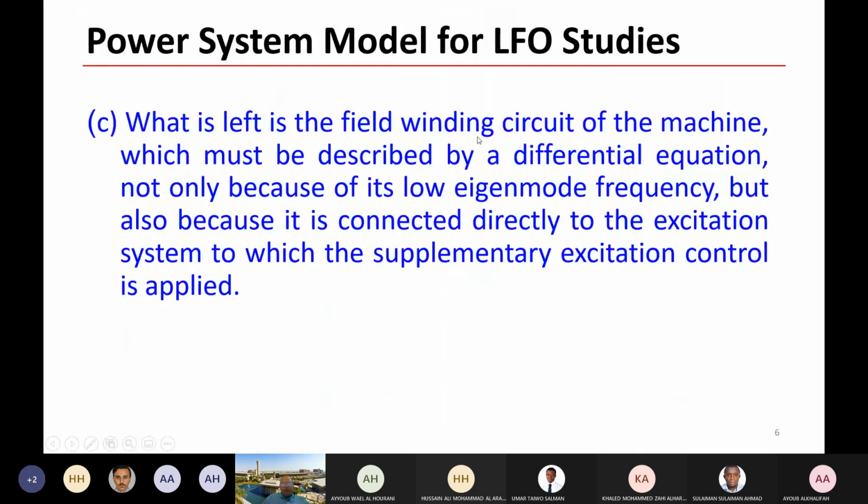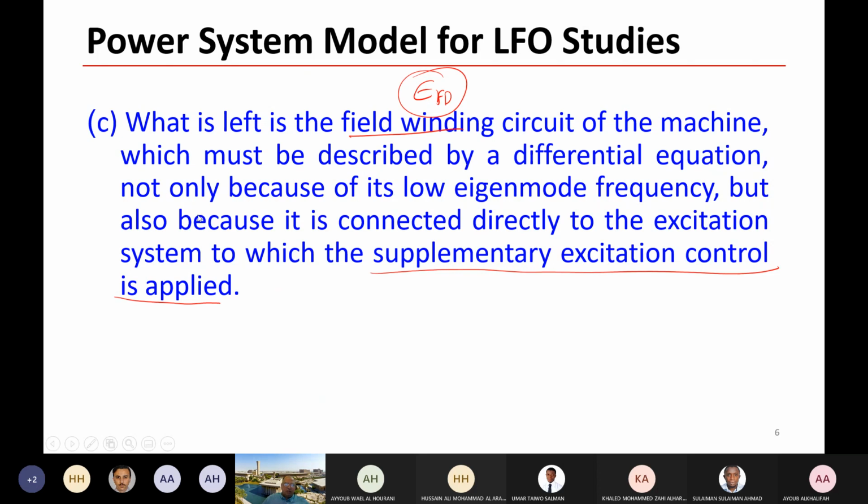What is left in the field winding? That must be described by a differential equation, EFD dot. For the field winding, you have to take into consideration the EFD because of its low natural frequency, and most importantly, the supplementary excitation control is applied through the excitation system.